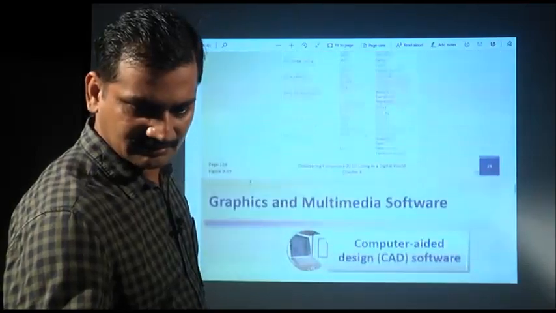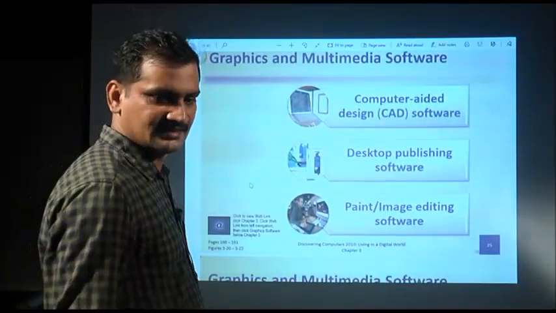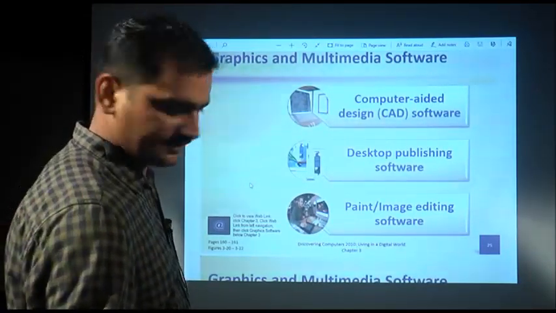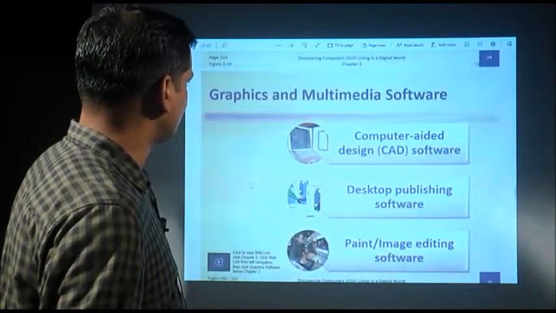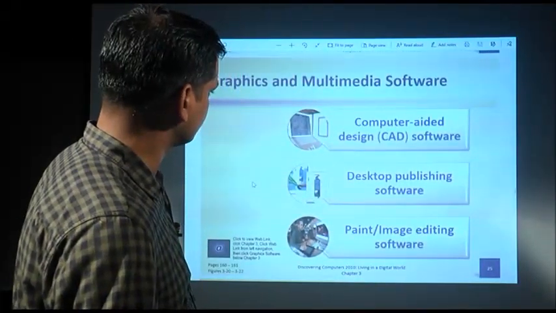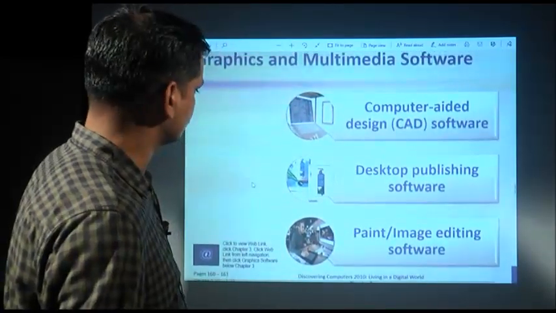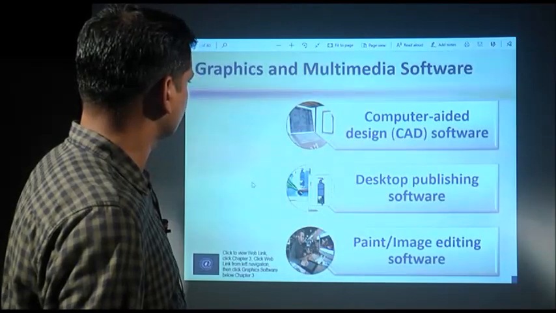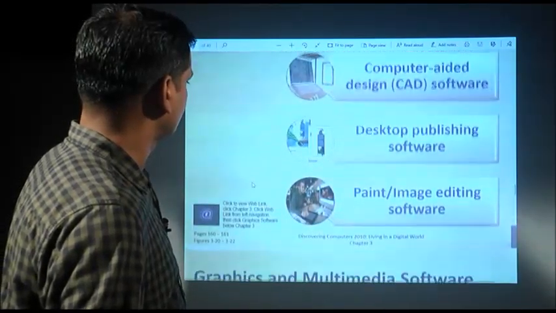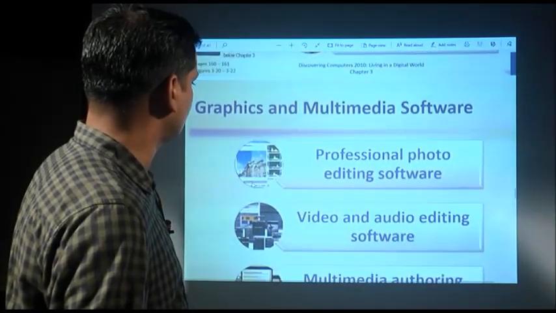We will see they are categorized into different types, like computer aided design software, desktop publishing software, paint and image editing software, professional photo editing software, video and audio editing software.